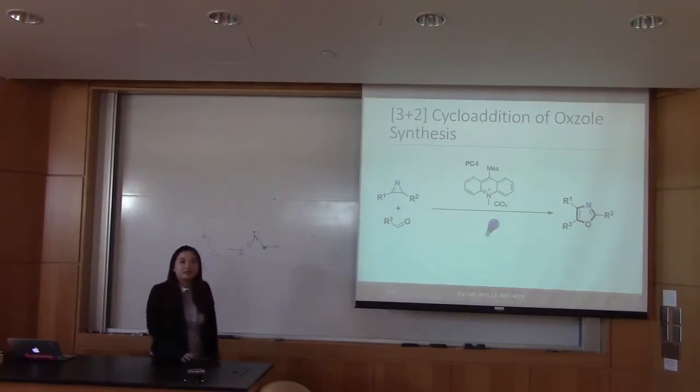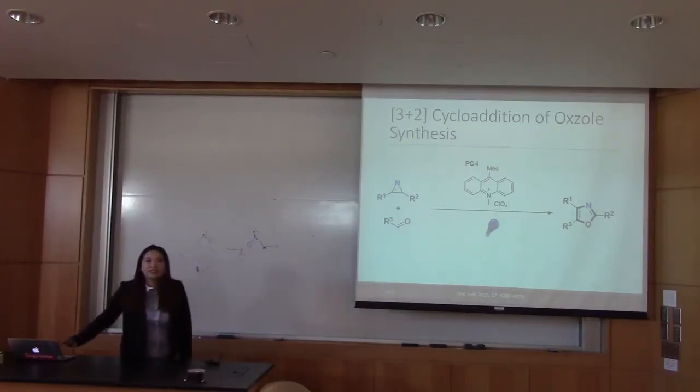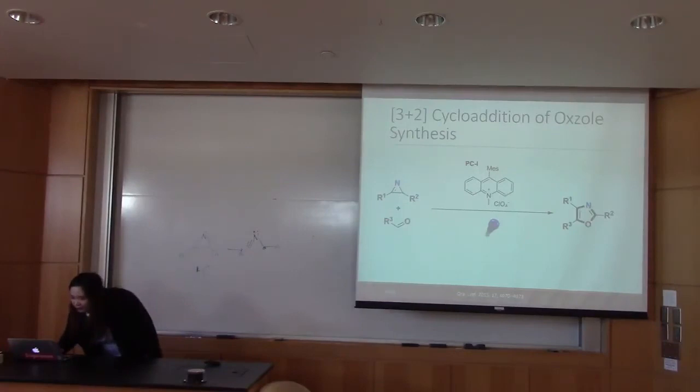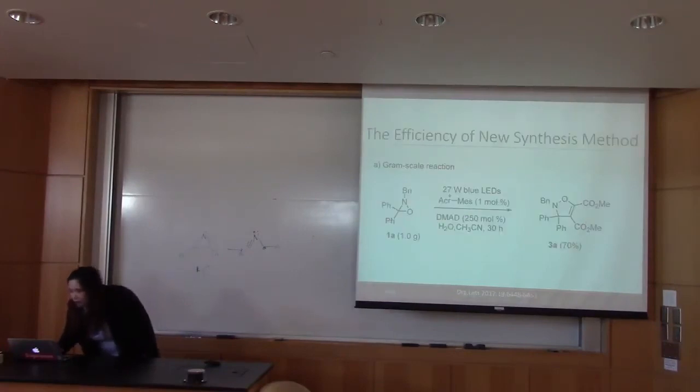I saw in some of the reactions that they let it go for 30 hours. Is there an efficiency factor built in? Is that the only way they're getting their yields, by running it for 30 hours? Which reaction? The gram scale reaction at the end. Oh, the gram scale reaction.